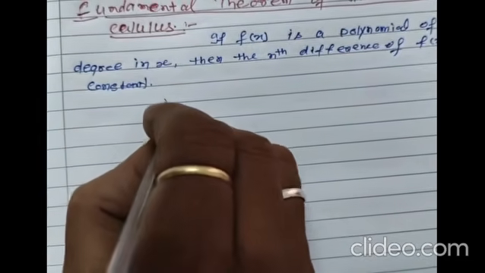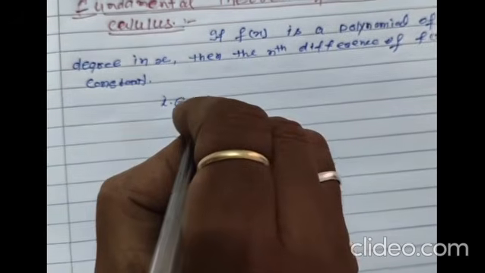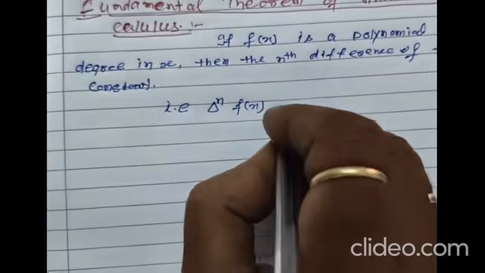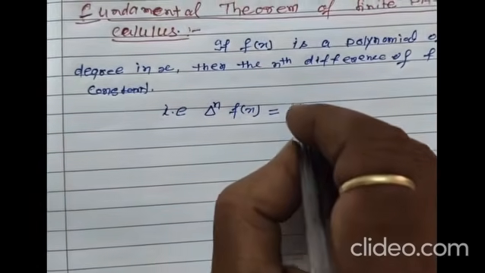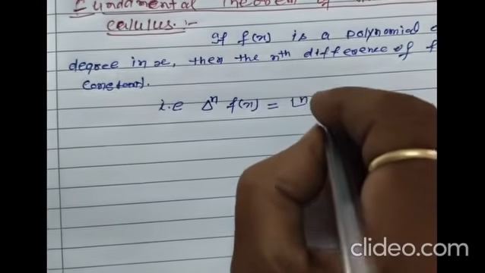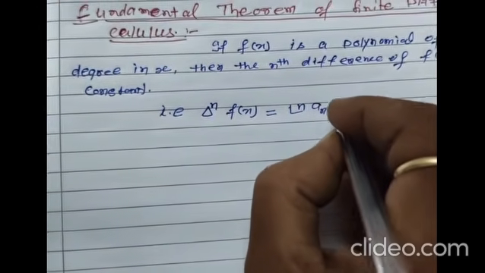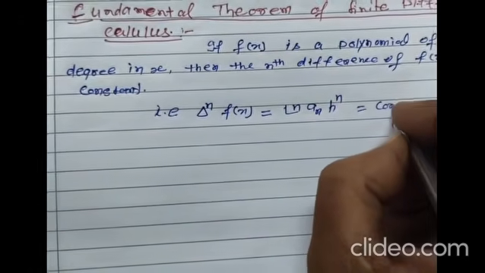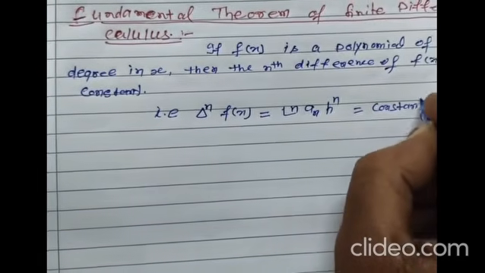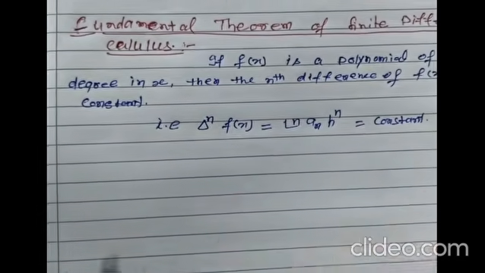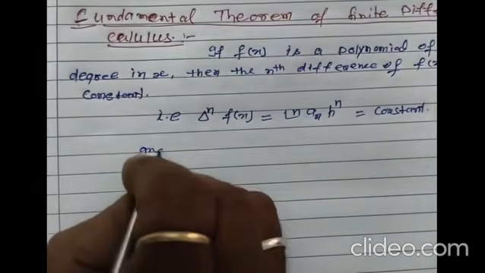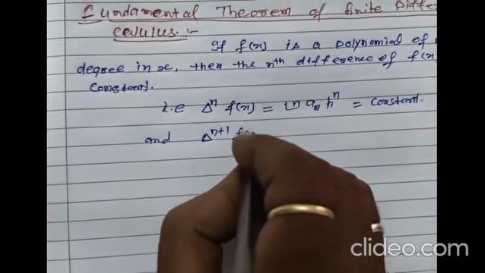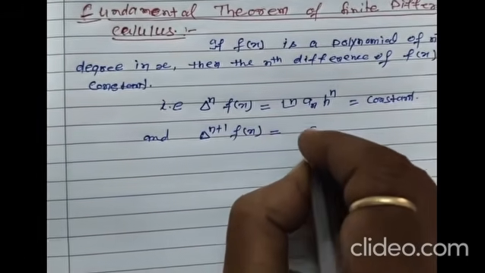That is, del n f(x) is equal to factorial n a to the power n, h to the power n, constant value. And del n plus 1 f(x) is always 0.